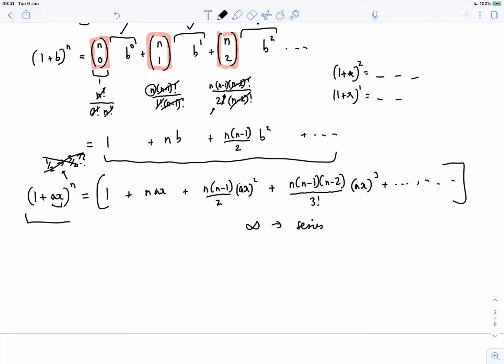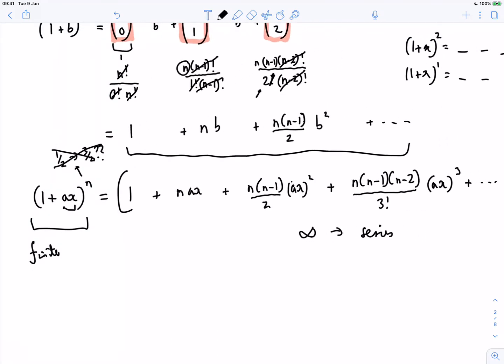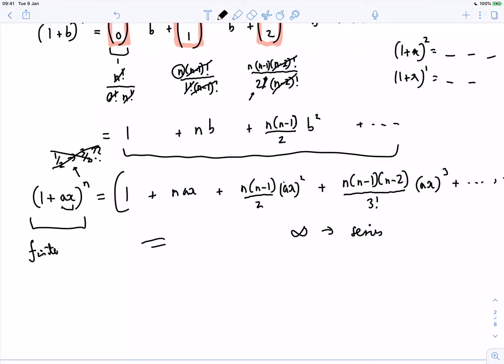However though, this is definitely finite. And you have to resolve this in your own head. How can an infinite series equal a finite sum? And the truth is, only in very special circumstances.